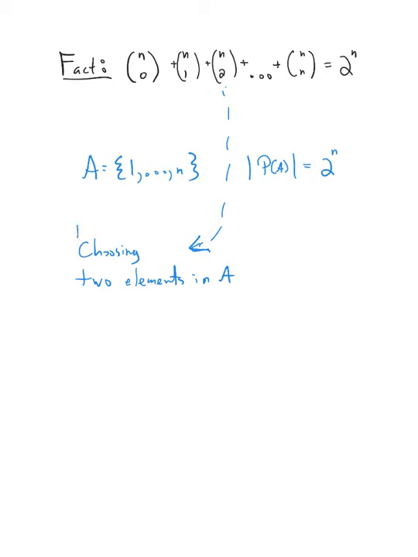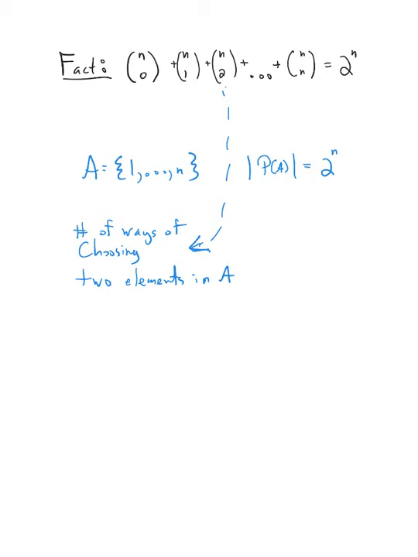So maybe I'll even put here, number of ways of choosing 2 elements in A. And if we choose 2 elements in A, we can think of it as the number of ways of choosing 2 elements to form a subset of A. So the number of subsets of A of size 2.